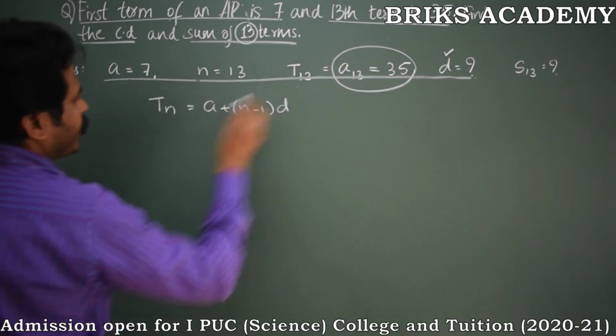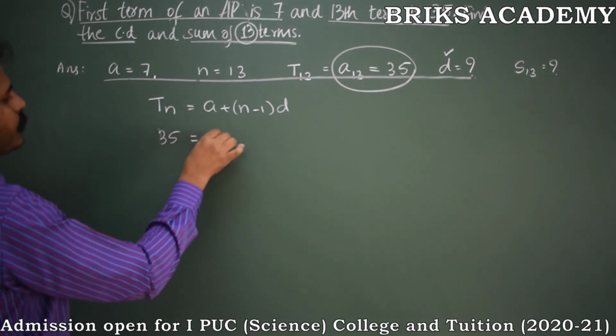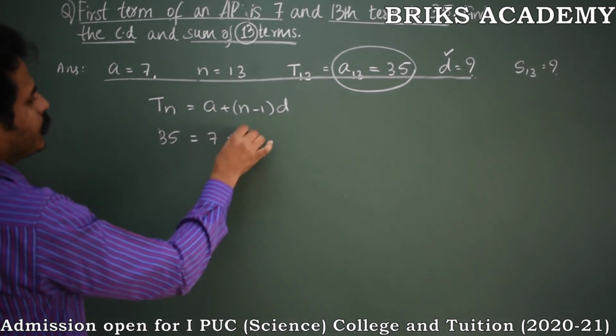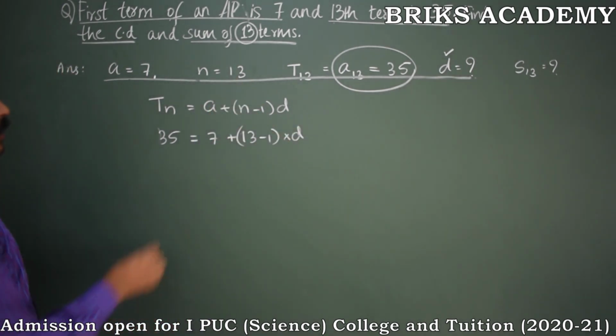The nth term they have given, it is the 13th term, that is 35 equal to A, which is 7, plus N, the 13th term, 13 minus 1 into D. That is 35.